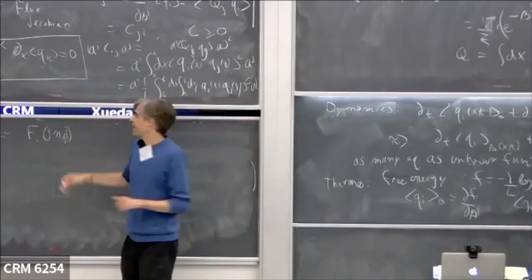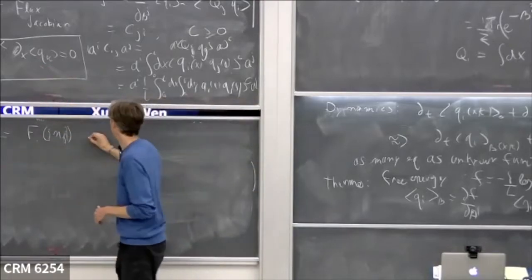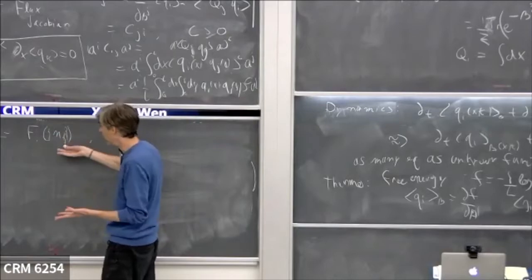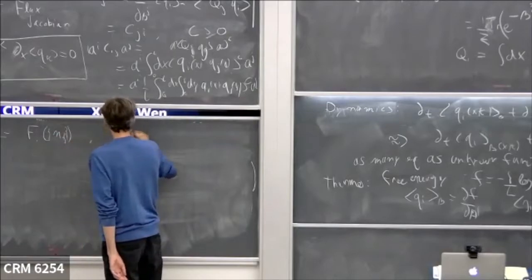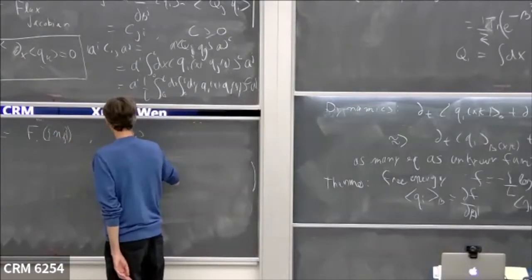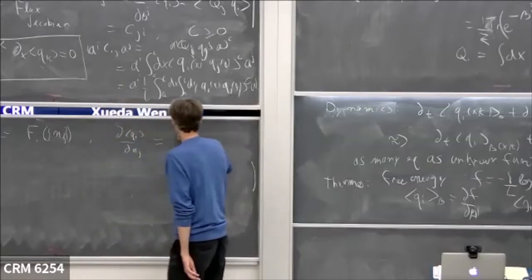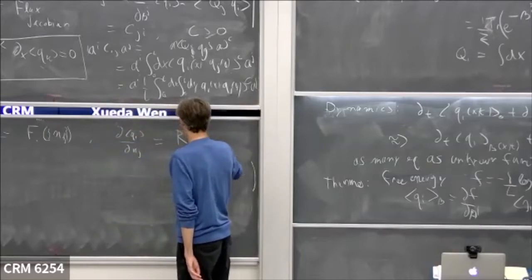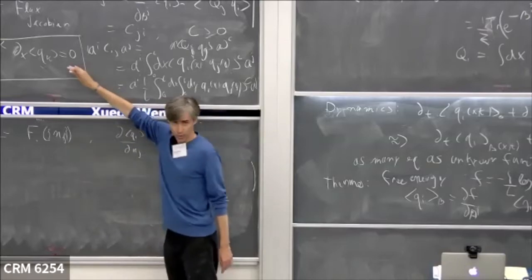I can always do that, and I can put that in this equation. Now I can take the Jacobian of that transformation, ∂q_i/∂n_j. That's some matrix R_ij. I put that in this equation.